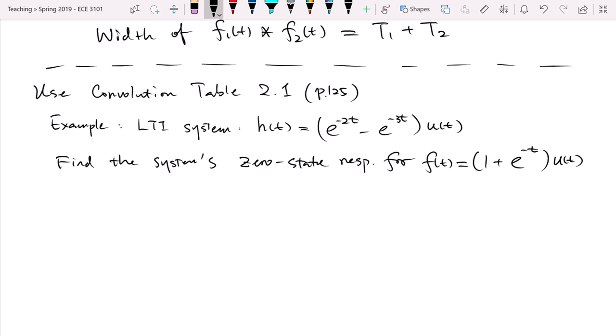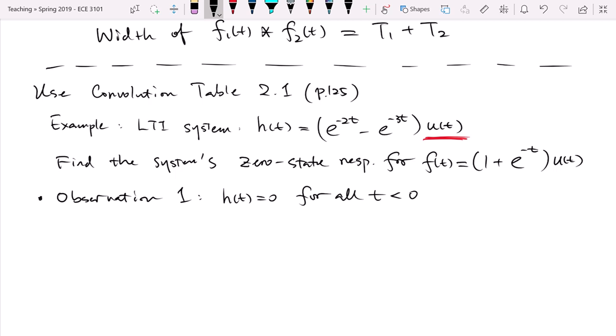For this example, of course we can use the results directly, but let's first make some observations. Observation number 1: h of t has some special terms. The first thing you can see is everything is multiplied by u of t. In other words, for this example, h of t is 0 for all t less than 0.